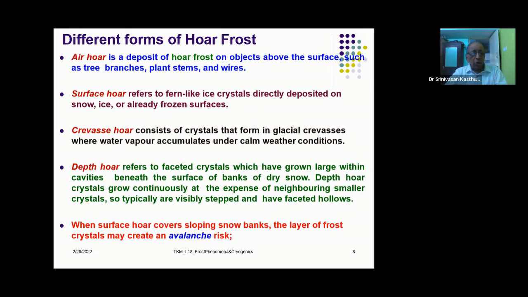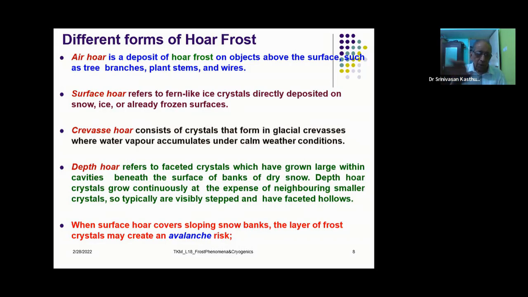What are the different forms of hoarfrost? Hoarfrost itself has many varieties. Air hoar is a deposit of hoarfrost on objects above the surface, such as tree branches, plant stems, and wire. Surface hoar refers to fern-like ice crystals directly deposited on snow or an already frozen surface.